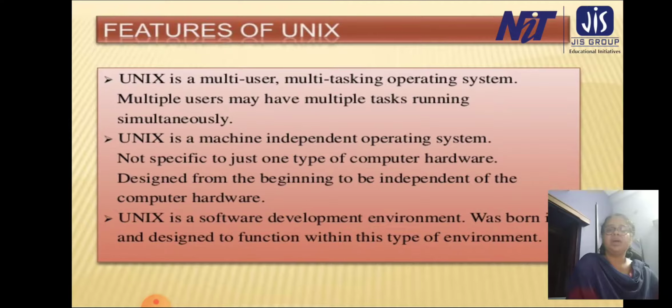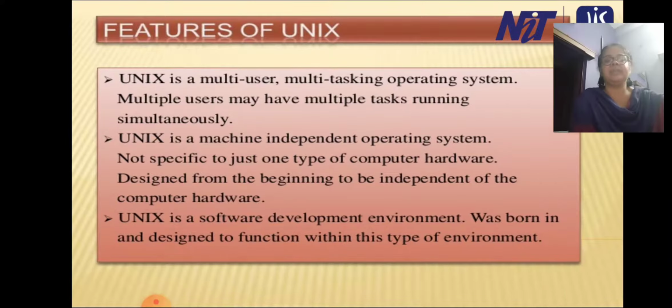It was designed from the beginning to be independent of the computer hardware. Unix has a software development environment. It was born in and designed to function within this type of environment.